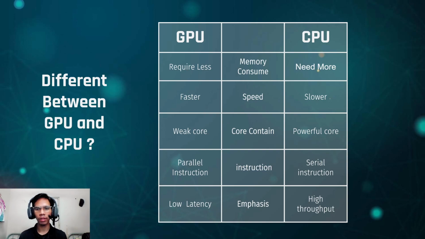After that, the GPU is faster than a CPU, and the GPU cores are weaker than a CPU, which is more powerful. In the instruction method, the GPU uses parallel instruction processing rather than the CPU's serial instruction processing. Finally, the emphasis of a GPU is low latency rather than the CPU's high throughput in the computer.